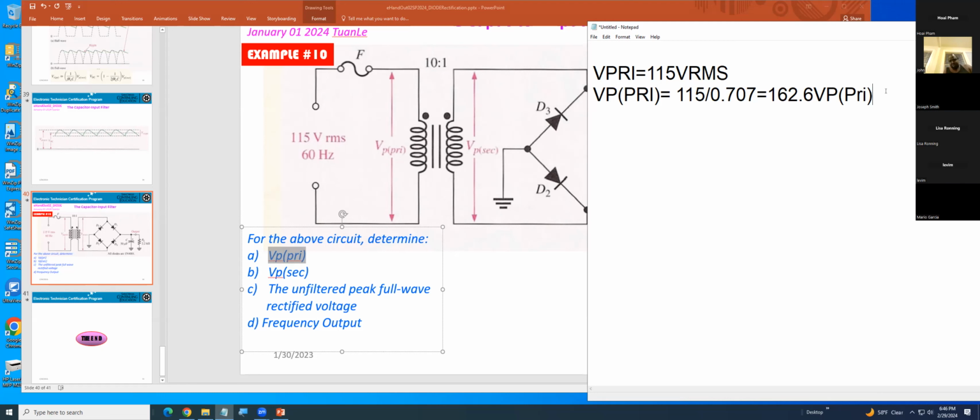So now you have to do it using V peak. Secondary equals what? It's 10 to 1, so 162.6, you have to take that big number, 162.6 times what?